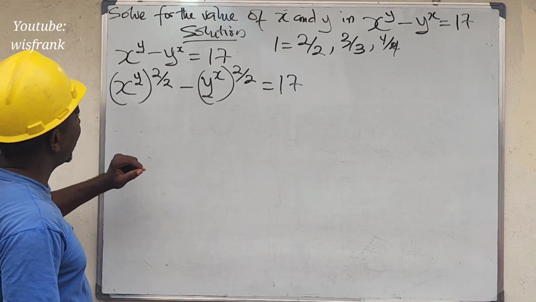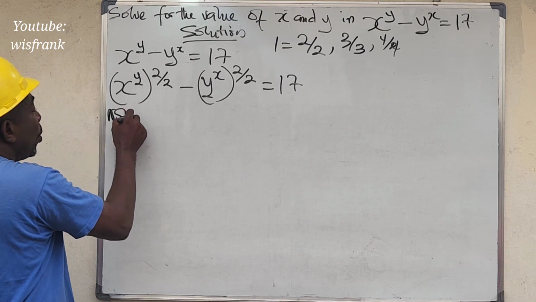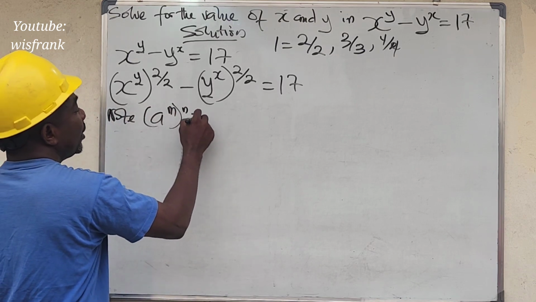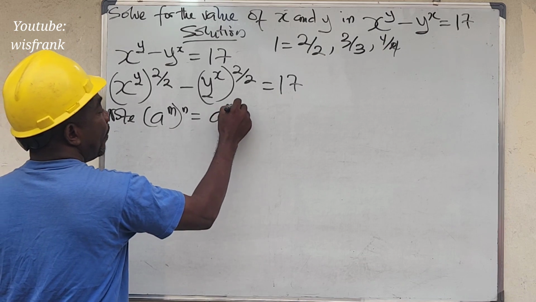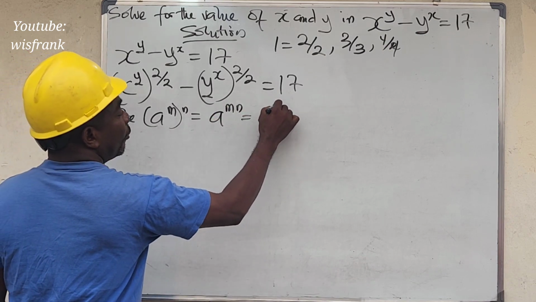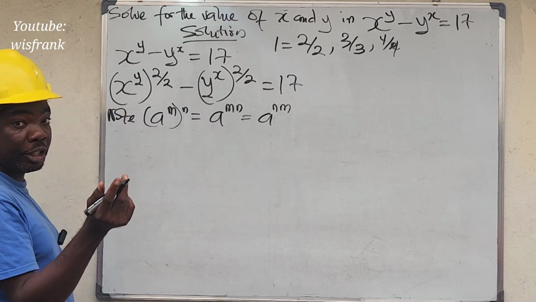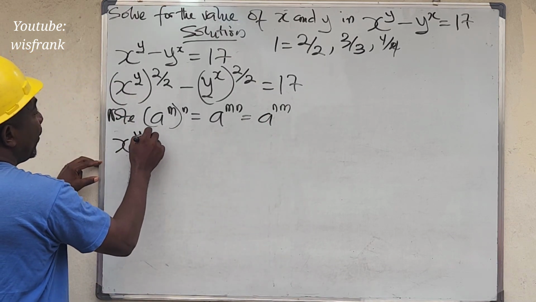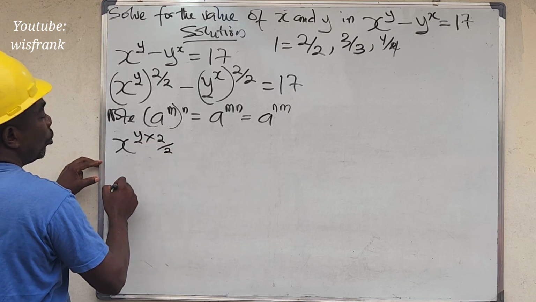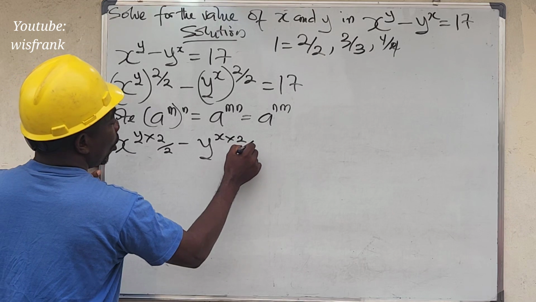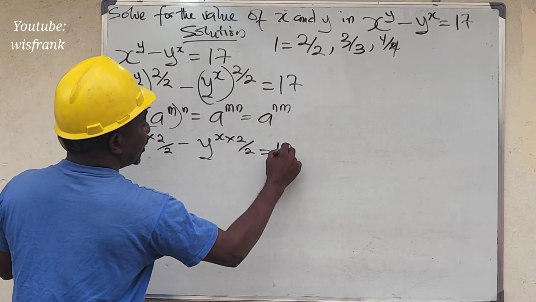So here we can recall, note, that when we have a to the power of m all to the power of n, it is the same thing as a to the power of mn, or it can also be equal to a to the power of nm. We can interchange the power. So this can be written as x to the power of y times 2 all over 2 minus y to the power of x times 2 all over 2 equals 17.